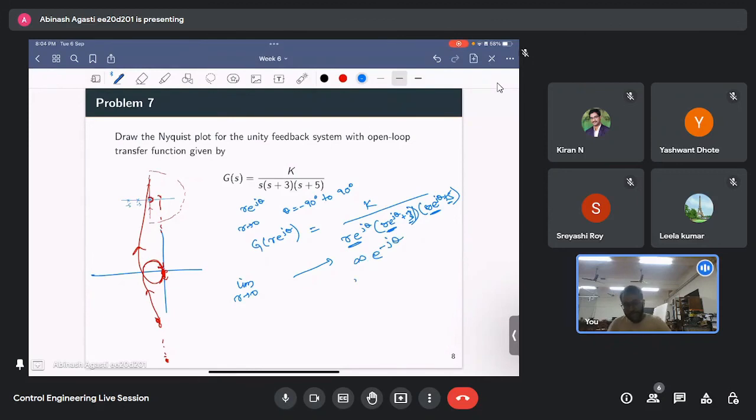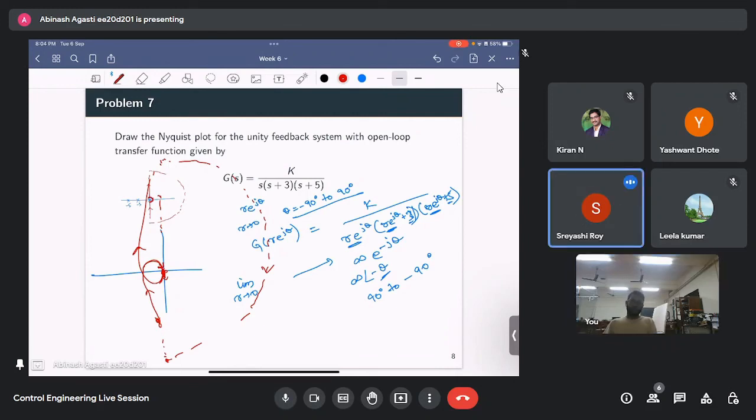So basically at infinity we'll have an infinitely large circle that will move from plus 90 degree to minus 90 degree, like this. Is it clear to everyone? Yes. Okay, so with that we are done with today's problems.